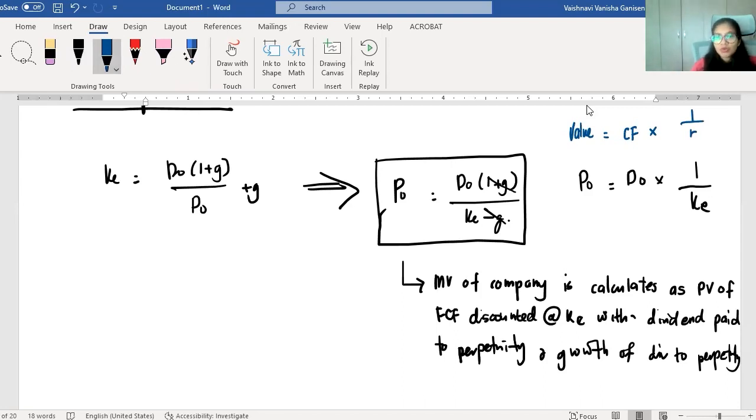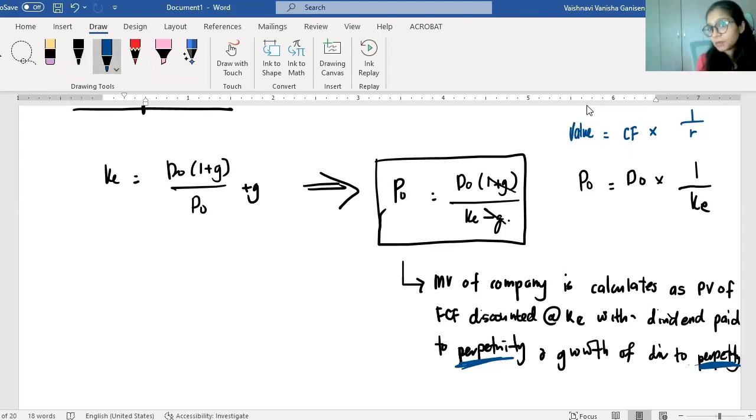So you can see here it is growth to perpetuity. This formula assumes growth to perpetuity, and we are assuming that your dividend must be paid to perpetuity and the company's dividend will grow to perpetuity. As a result, that is why we use the perpetuity formula.